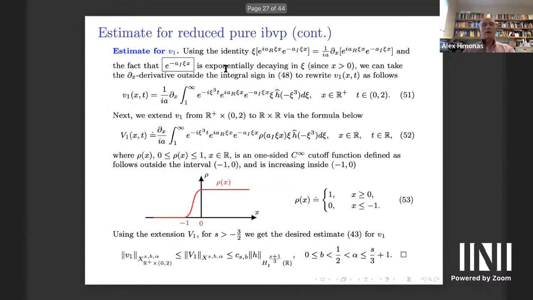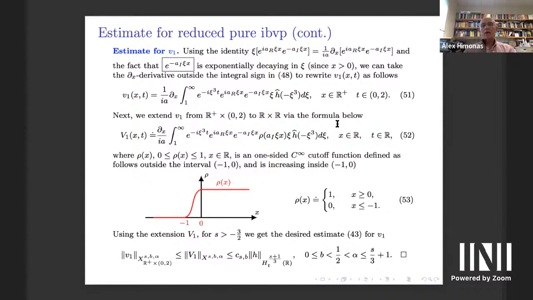Similarly, for the solution of the reduced pure ibvp near infinity, again, here we write it after some manipulations in this extended form, by using this kind of one-sided tent function like this.